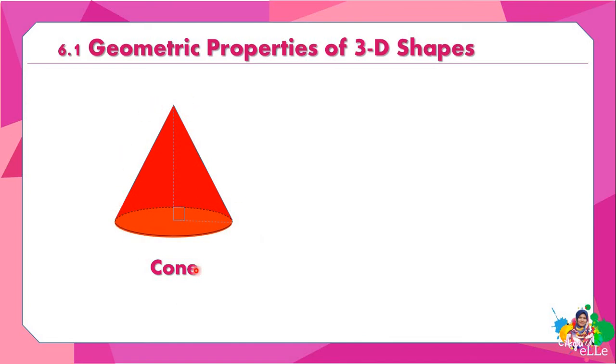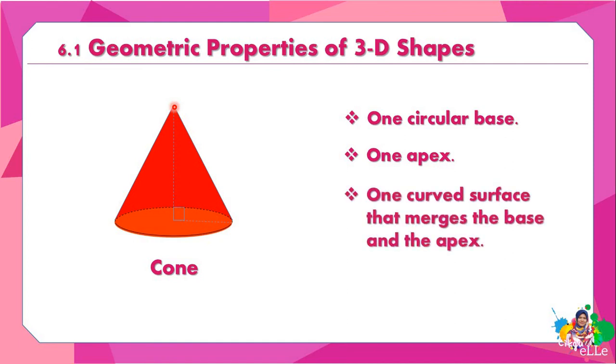Now look at this cone. Right, so what is the properties of a cone? Cone has one circular base. Okay, this one, the circular base, and then cone has one apex. This one, the apex. And one curved surface that merges the base and the apex.